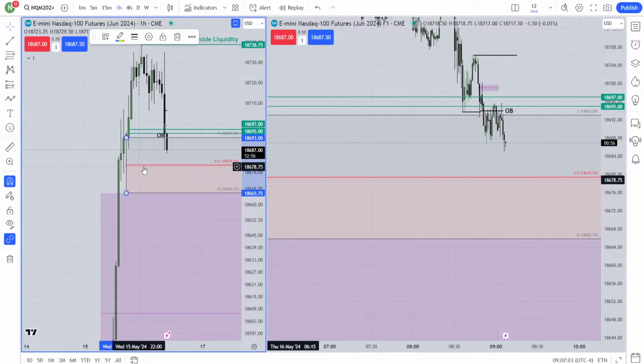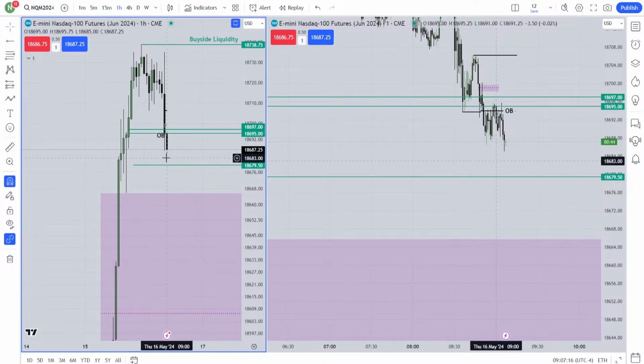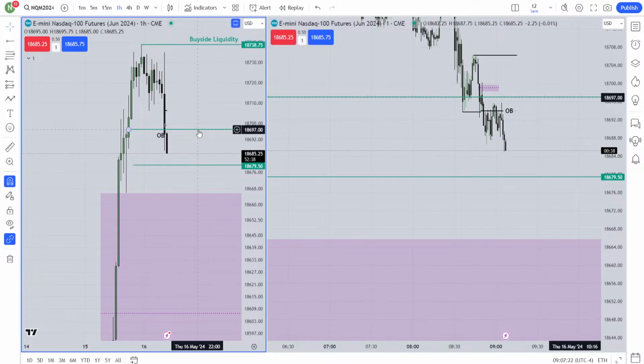This 50% is also valid as a last parallel gap. I will keep a line over there. It's valid for stopping the price and sending it back for the buy side liquidity. Now this is going to be broken, so I'm going to remove it from my chart.